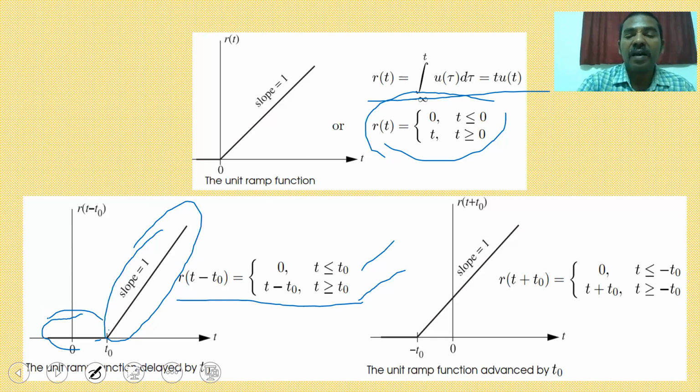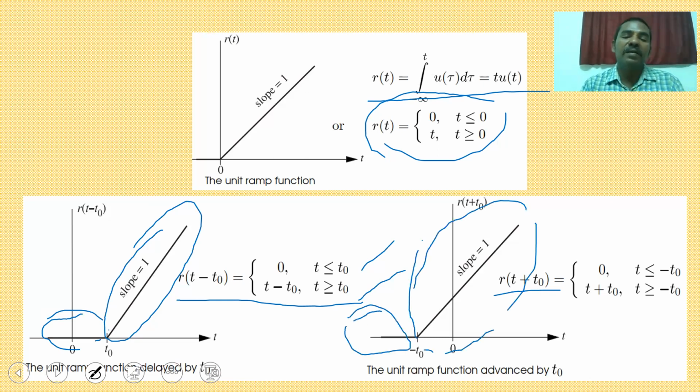That is, r of t is 0 for t less than or equal to minus t naught, and t plus t naught for t greater than or equal to minus t naught. So from minus t naught onwards you get a ramp function. Before that it must be 0 only. Do you understand?